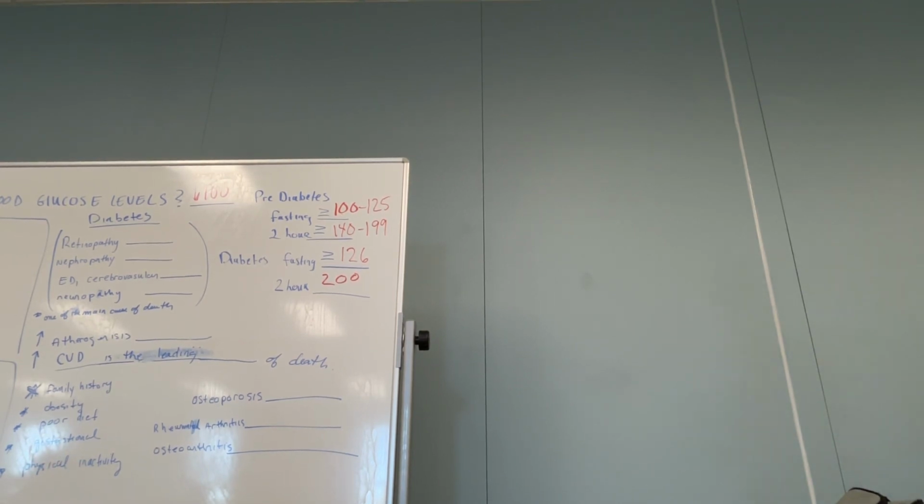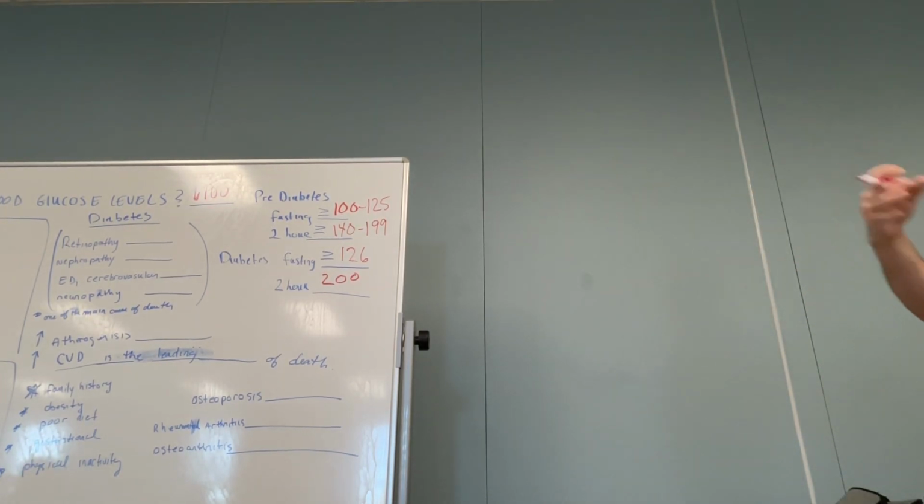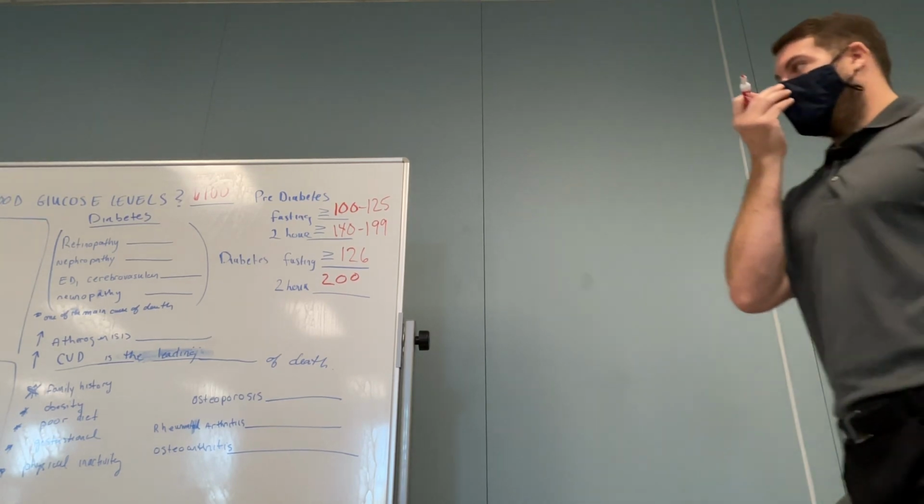So people that have diabetes have eaten sugar and have not burned it off and have overstimulated your insulin response. And so over time, your insulin is like, I can't work anymore for you, so I'm just going to take this sugar and store it as fat. Okay, so that's what happens when you have diabetes.